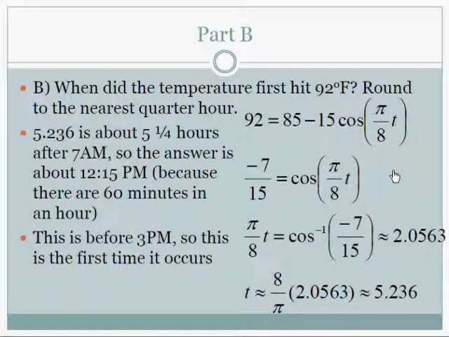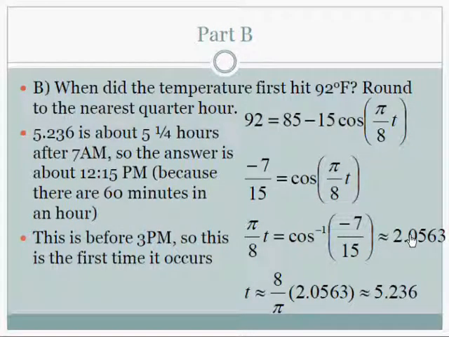Now to get rid of this cosine function and isolate t by itself, we need to take the inverse cosine, or the arc cosine, of the value. So we have the arc cosine of negative 7 over 15 equal to pi over 8 t. I expected students to use their calculators to compute the inverse cosine of negative 7 over 15, and they should have gotten about 2.06.